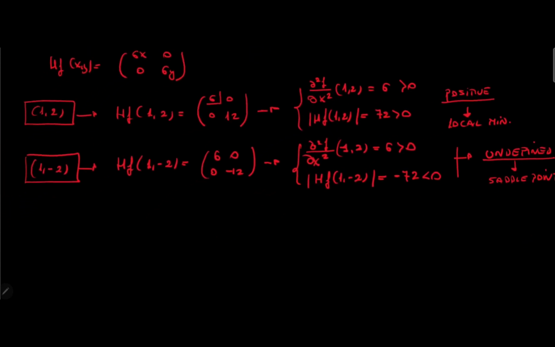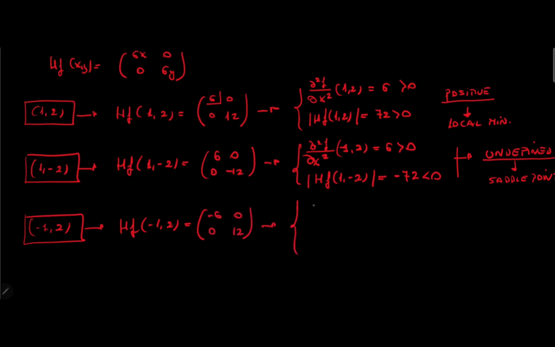Okay. Next point is minus 1, 2. The Hessian matrix equals minus 6, 0, 0, 12.